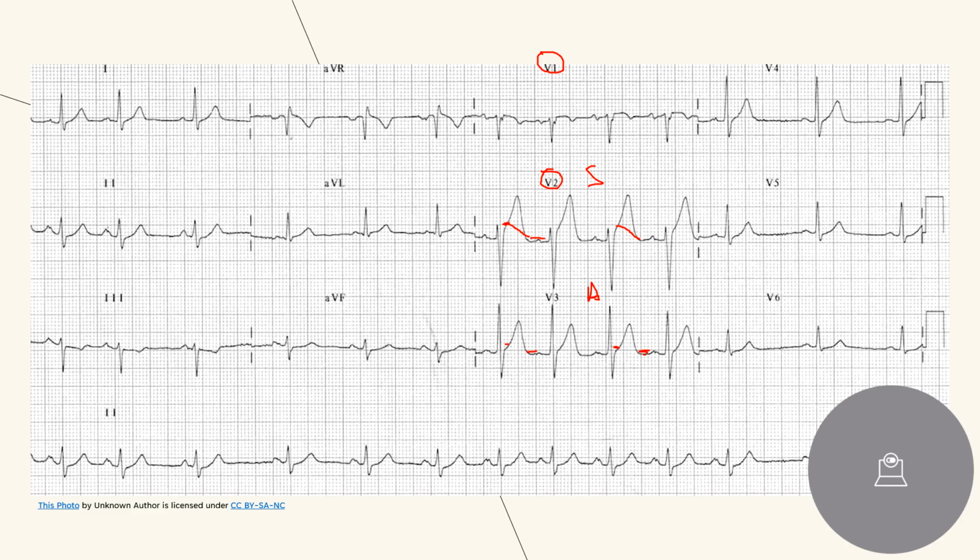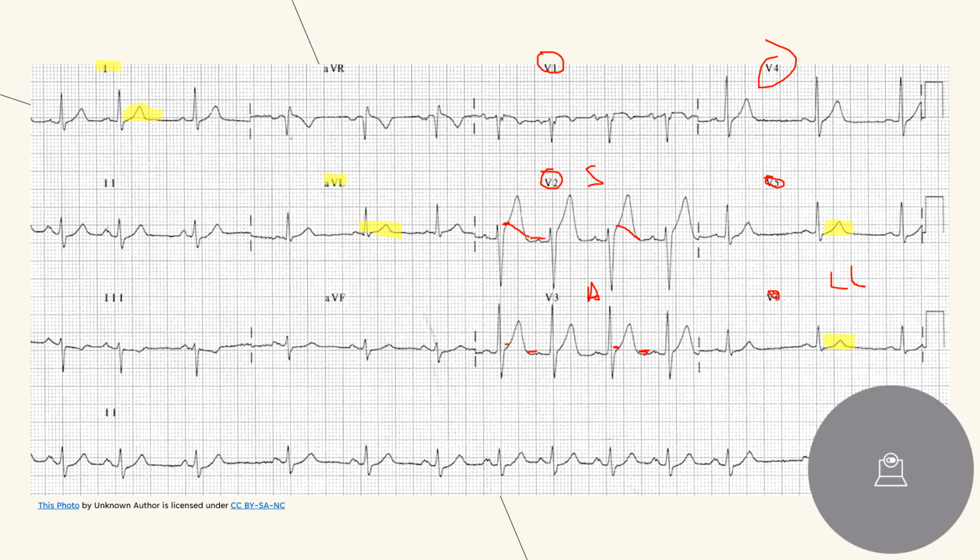And then V4 looks okay. V5 and V6, right? Remember that is going to be low lateral. Okay. I'm just going to highlight it. All right, so that looks pretty good. That looks pretty flat. Let's go to 1 and aVL. All right. Looks pretty flat.